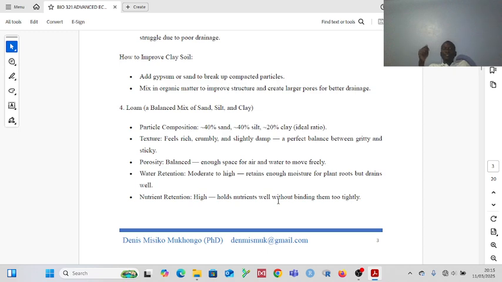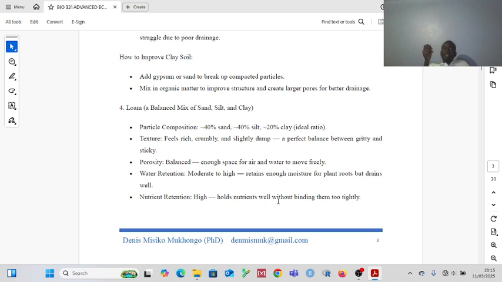It retains enough moisture for the plant roots, but not too much to clog. So it just retains the right amount of moisture so that the plant roots can do well. They are not clogged and they are not dry.